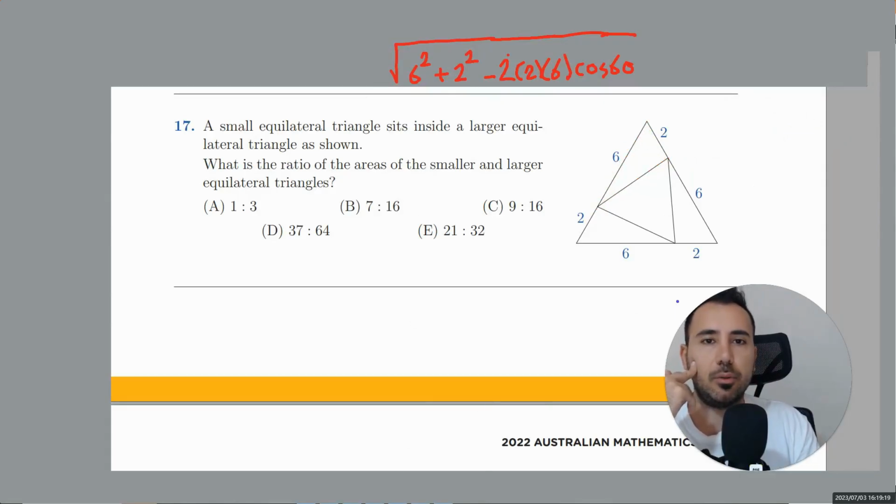So cosine 60 degrees is 1 over 2. This 1 over 2 will cancel this. So we'll have 12 here, 2 times 6. So 36 plus 4, 40, minus 12. So this is the square root of 28.